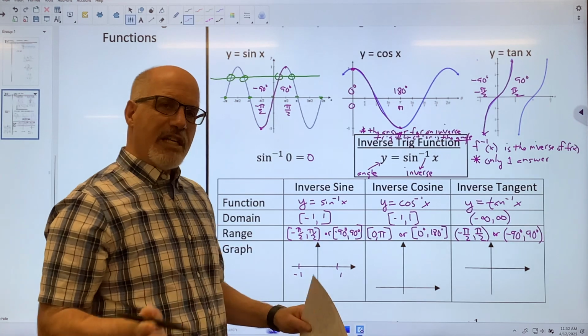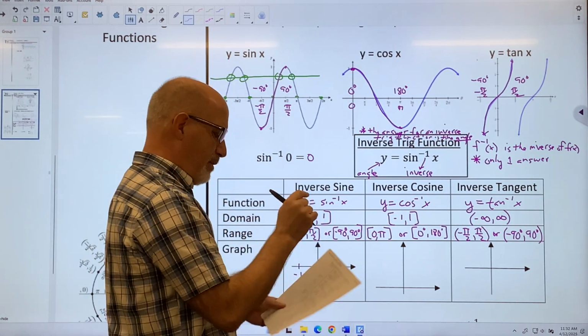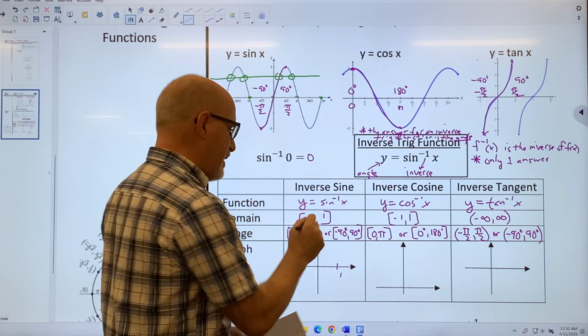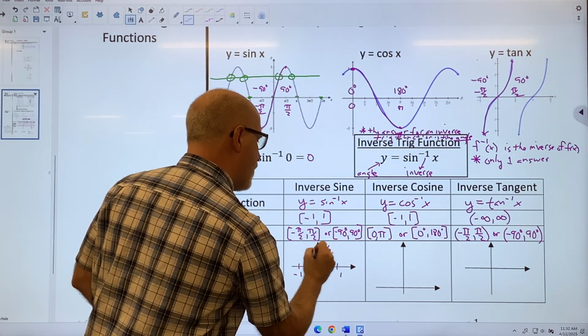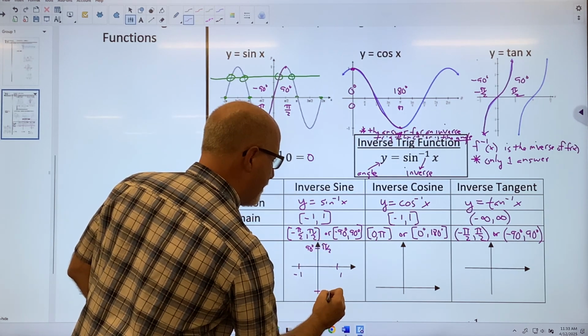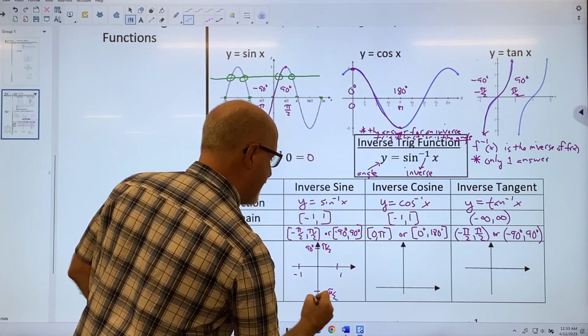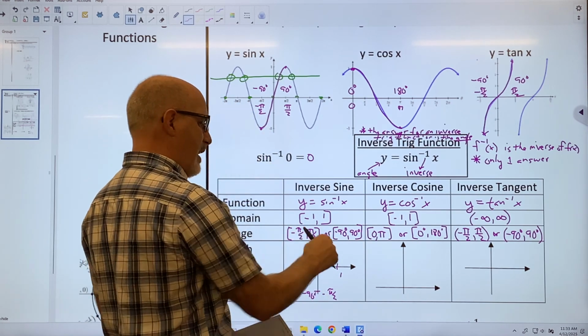And then my range values are going to go from these values. I'm going to keep this one. I'm going to go ahead and list it here. Here's my pi/2 or my 90 degrees. And down here, I'll put -pi/2 or -90 degrees for my range values.